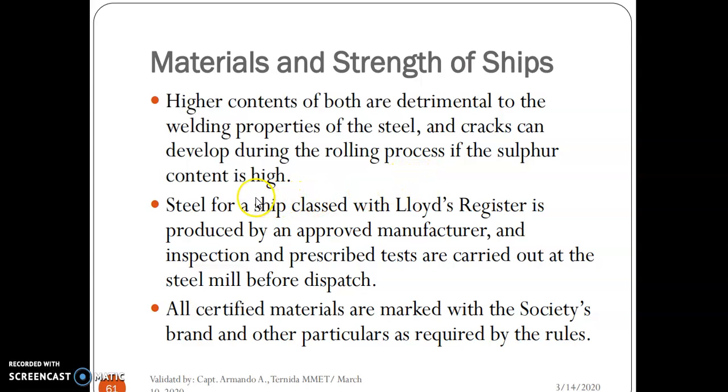Steel of a ship class with Lloyd's Register is produced by an approved manufacturer, and inspection and prescribed tests are carried out at the steel mill before shipment. So doon pa lang sa steel mill, before processing the steel, ay meron nang criteria ang ating classification society. All certified materials are marked with the society brand and other particulars as required by the rules.